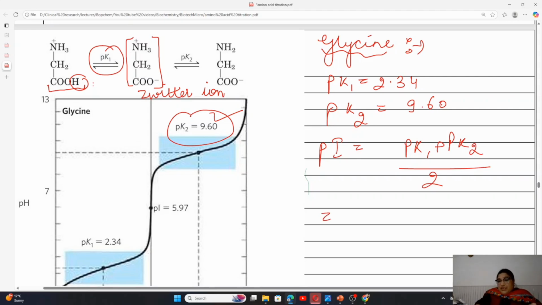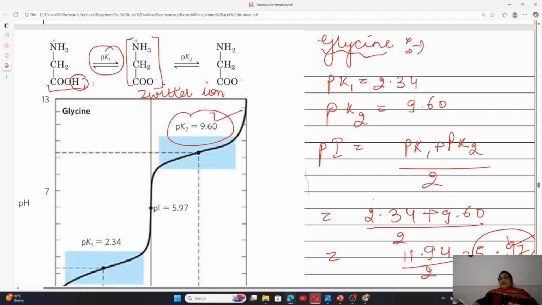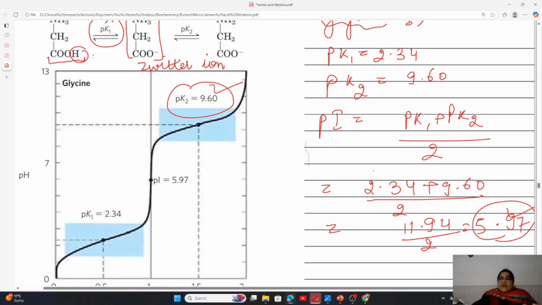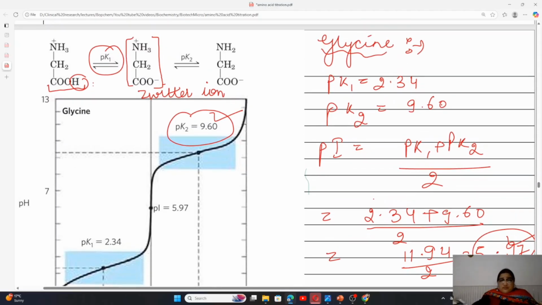So it comes out to be 5.97. So this 5.97 is the pI for glycine. This we need to calculate. I'll also tell you what the need of calculating these pIs is.